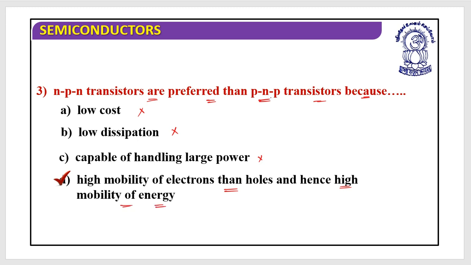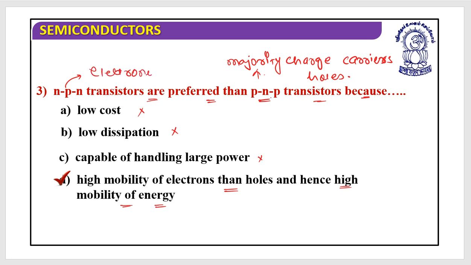Because when we deal with PNP, the majority charge carriers in PNP are the holes, and in NPN they are electrons. So the mobility is higher, and that's why the NPN transistor is preferred over the PNP.